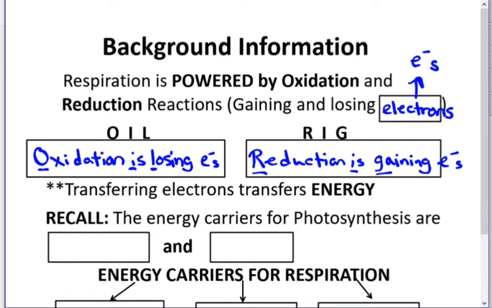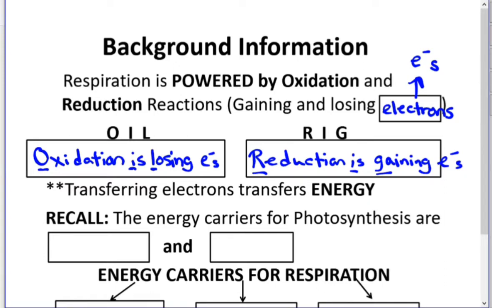The reason it's called reduction is because what's being reduced is the charge. Remember, electrons are negative. So if a molecule gets more electrons, it's becoming more negative. It's reducing its charge. That's where the reduction part comes from. When you gain electrons, you become more negative, the charge is reduced. If you don't want to have to think about it too hard, just remember oil rig to keep yourself straight.